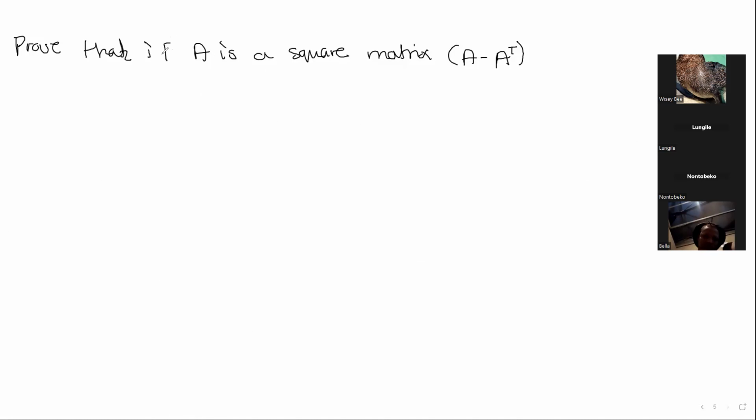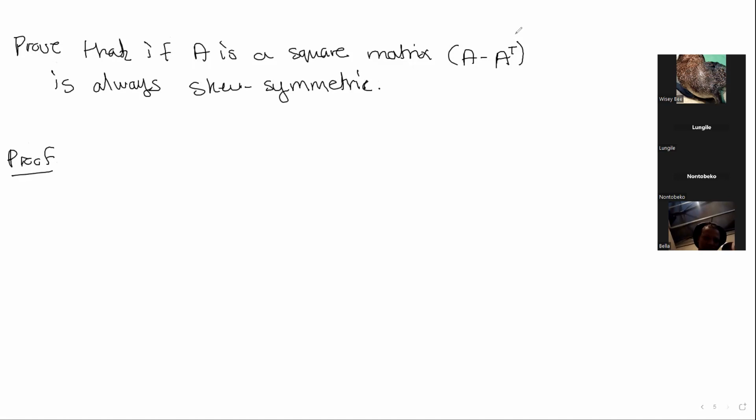Prove that if A is a square matrix, then A minus AT is always skew symmetric. So we can just prove this.